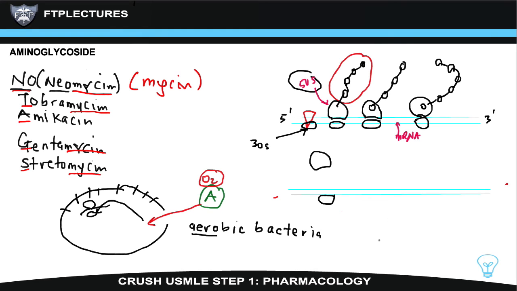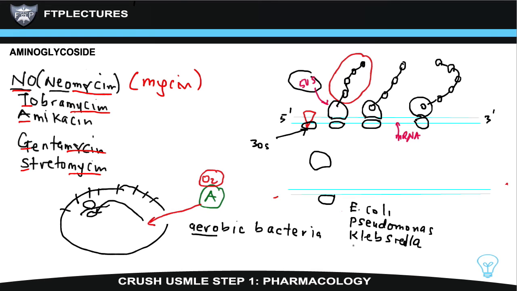Well, the first one that we can kill with this drug is E. coli. The next one that can be killed by this drug is also Pseudomonas. The next is Klebsiella.